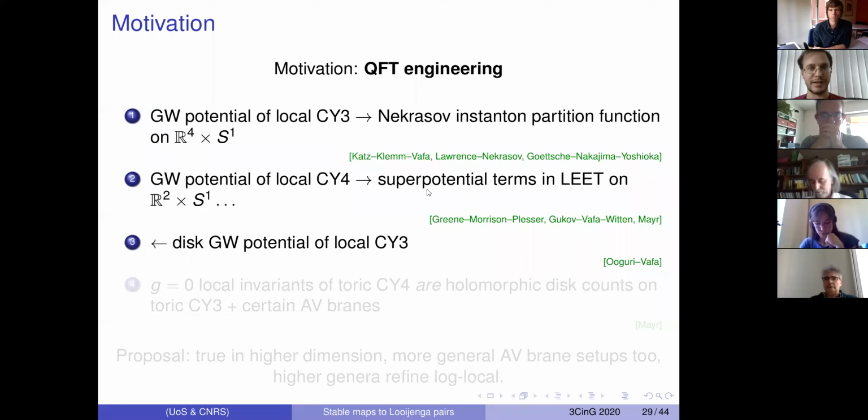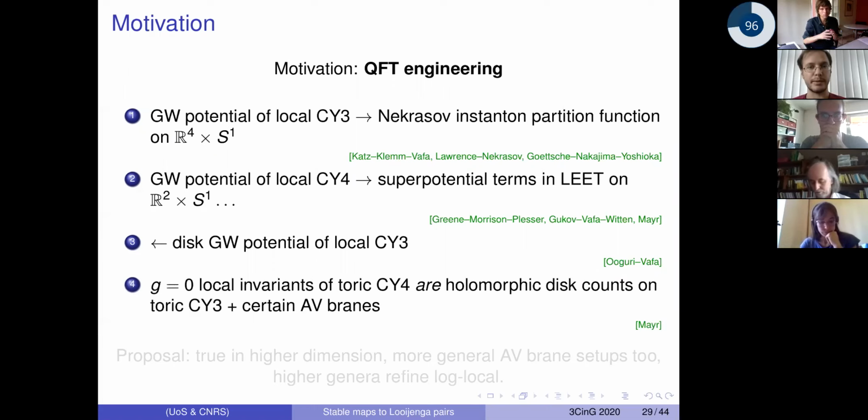So 2-dimensional field theories, or 3-dimensional field theories on a circle, can pop up in different ways, and in some cases they can pop up in both ways. This was proposed by Mayr in the late 90s. In some cases, genus 0 local invariants of a toric Calabi-Yau 4-fold are the same thing as holomorphic disks on a toric Calabi-Yau 3-fold with certain Aganagic-Vafa branes.